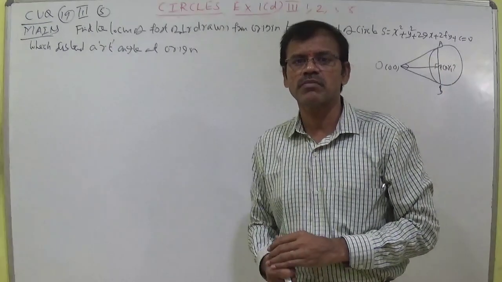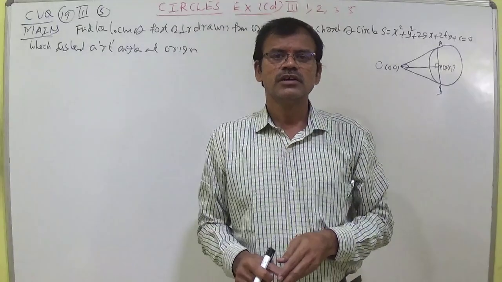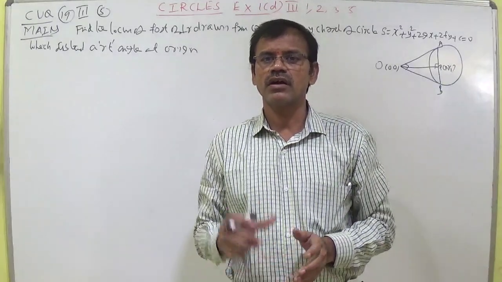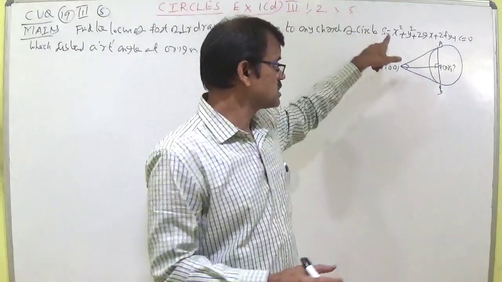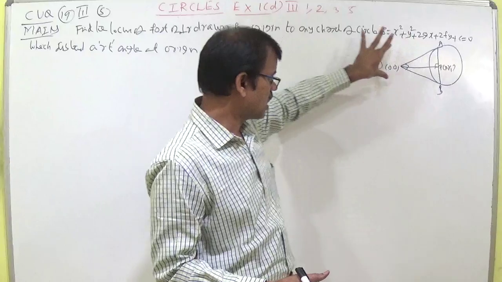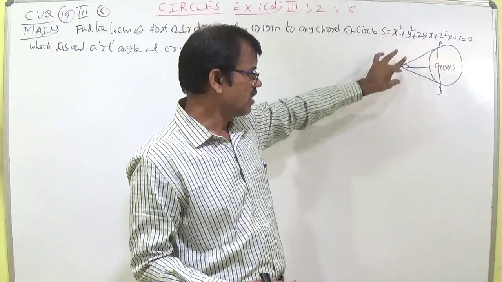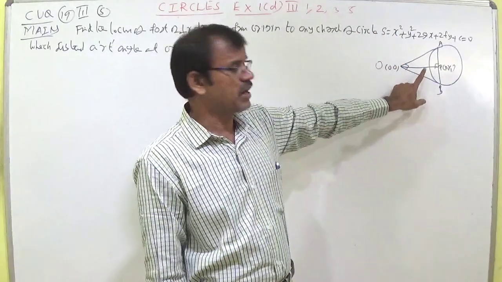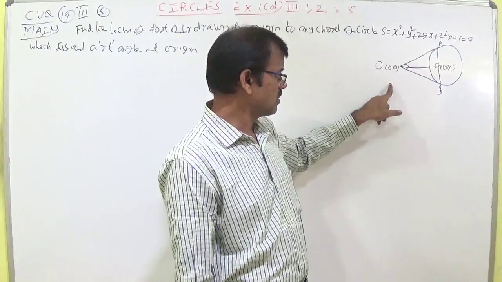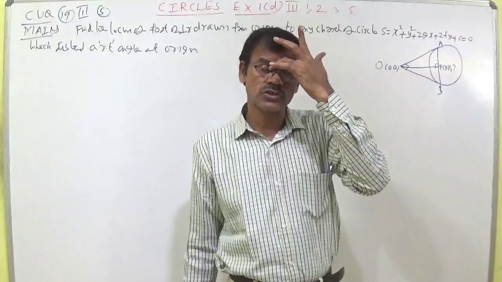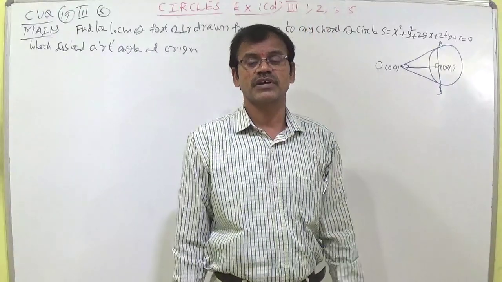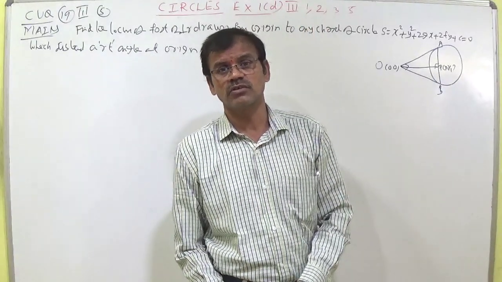Using this slope, you should calculate the equation of chord, and whatever chord you get, you should homogenize it because it is making an angle 90 degrees at the origin. Then joining points of intersection to the origin is nothing but homogenization. After homogenization, you should calculate the coefficient of x square plus coefficient of y square equal to 0. Then you will be getting the answer.